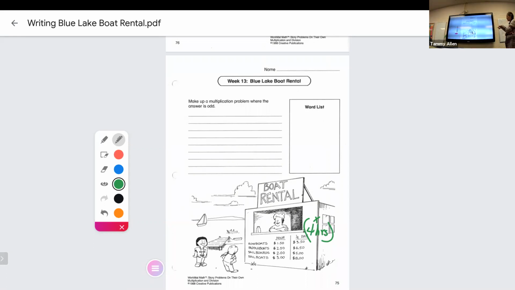So if you were renting for 4 hours or more, you would pay one cost of $8. So if you wanted to rent it for 5 hours, you would go over here. You wouldn't have to do 8 plus 3. Do we understand that?